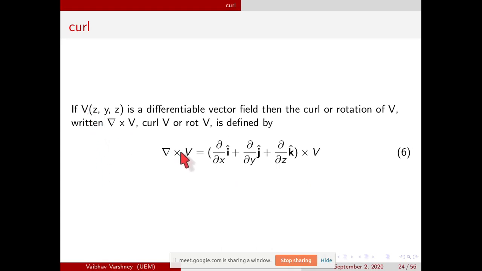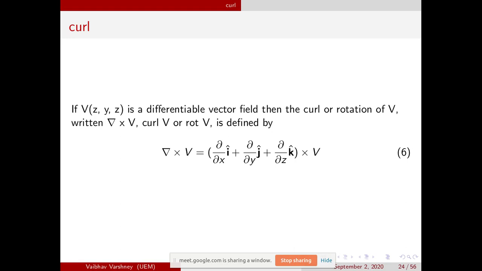If del is operating on any vector with a cross product, del cross v, then it is called the curl of that vector, like I have written in equation 6. And to calculate the curl, we use the same matrix method that we used when we did the cross product of two vectors a and b. Any problem in equation 6?